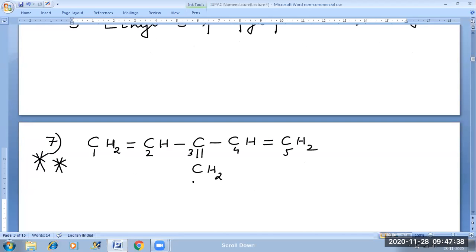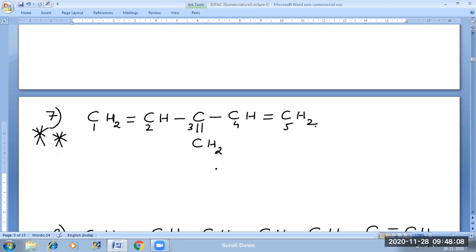If somebody says that from 3 I want to come down, then this will be 4. And in that case, this entire thing will be left out. So the longest chain will be 4 carbon atoms in that case. But right now, I can see that the longest chain is of 5 carbon atoms. So we will choose this as the longest chain.